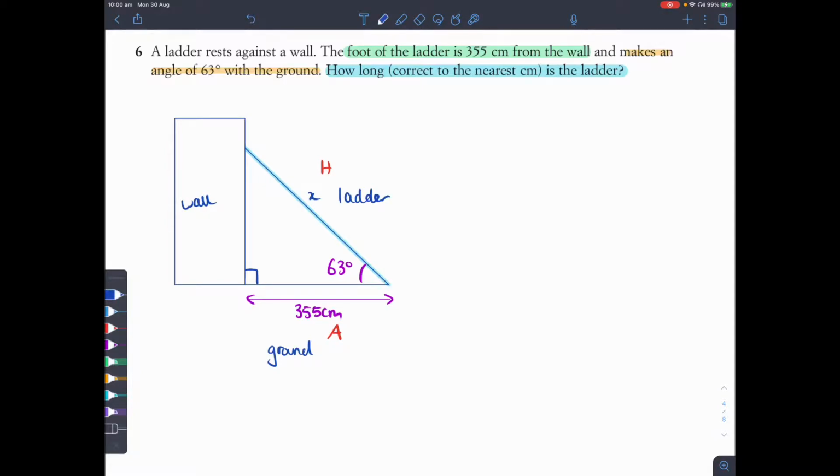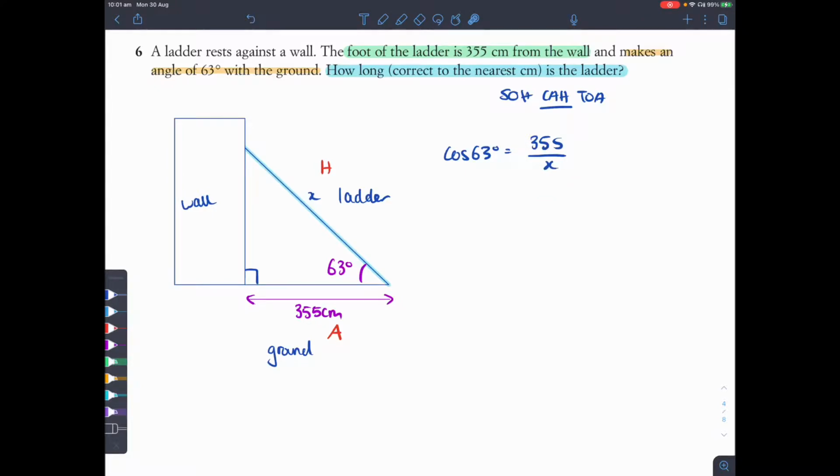So using SOHCAHTOA once again, we know that since we have A and H, that resembles CAH, so we have to use the cosine ratio. So cosine of 63 degrees would equal our adjacent side, 355, over the hypotenuse. So we'll have 355 over x. And now we've got x on the denominator.